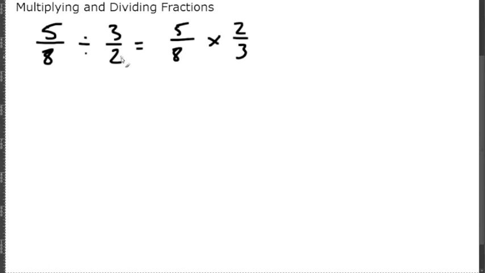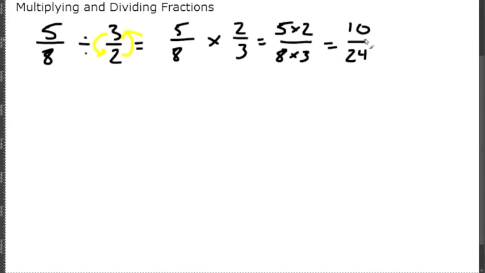We're moving the 2 up to the top and the 3 down to the bottom. 5 times 2 all over 8 times 3. 5 times 2 is 10, 8 times 3 is 24. This problem looks pretty familiar. We've already simplified this. This is our first multiplication example, and this just becomes 5/12.